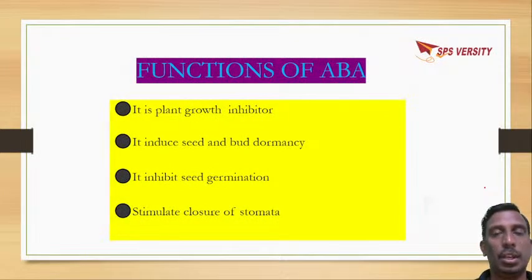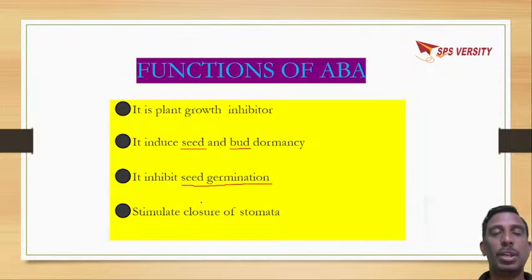Basically, abscisic acid is a plant growth inhibitor. It induces seed and bud dormancy. It inhibits seed germination.